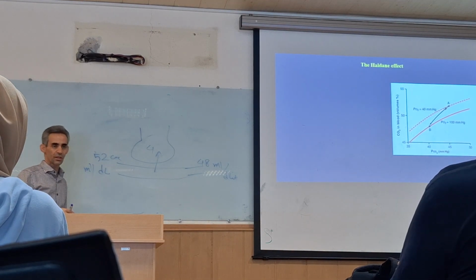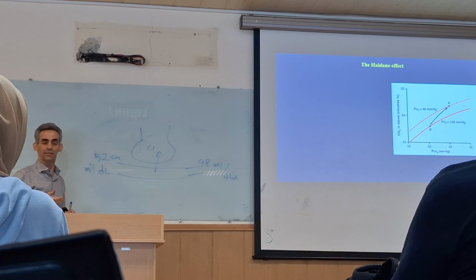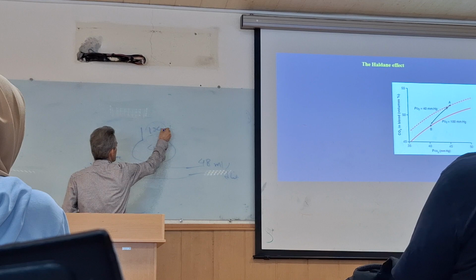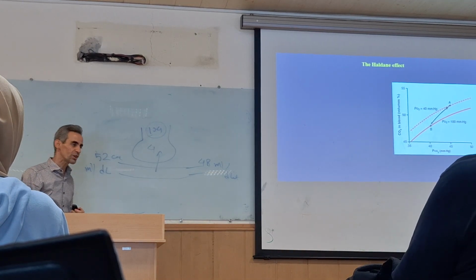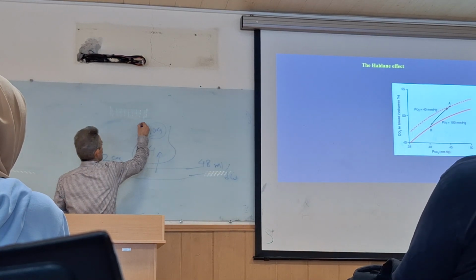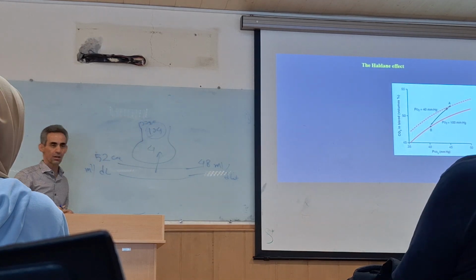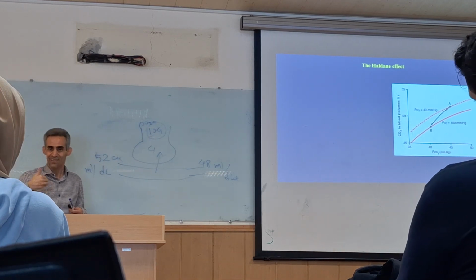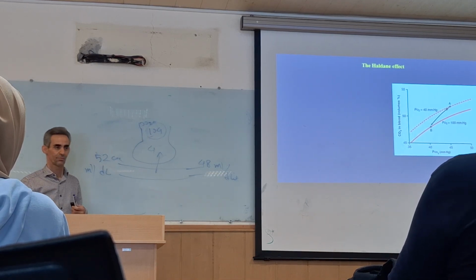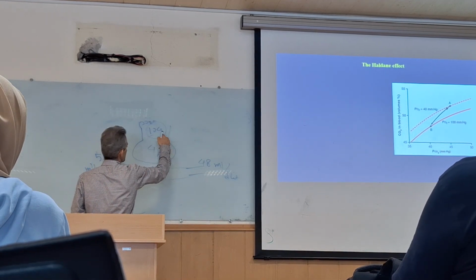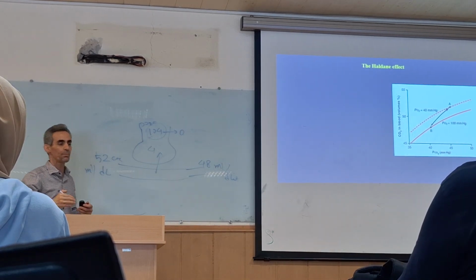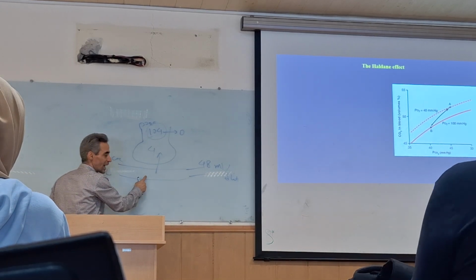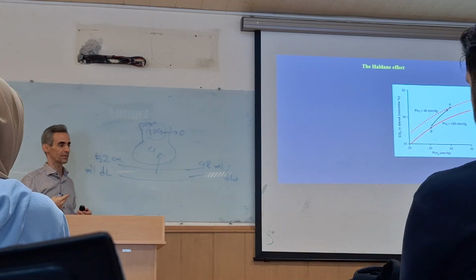Haldane is a scientist and indicated that inside of the alveolus, the oxygen pressure is 104. Haldane indicated that when the oxygen pressure decreases inside of the alveolus, for example, decreases from this point toward zero, step by step, the amount of carbon dioxide removal decreases and decreases.